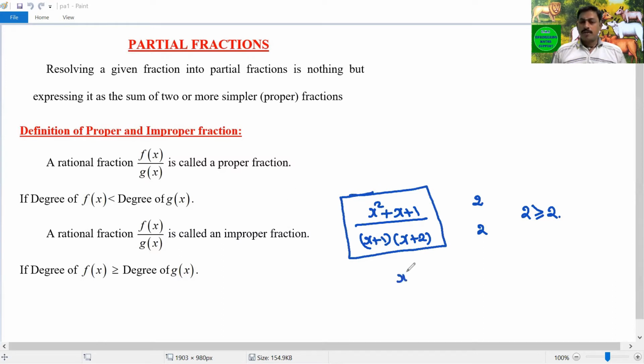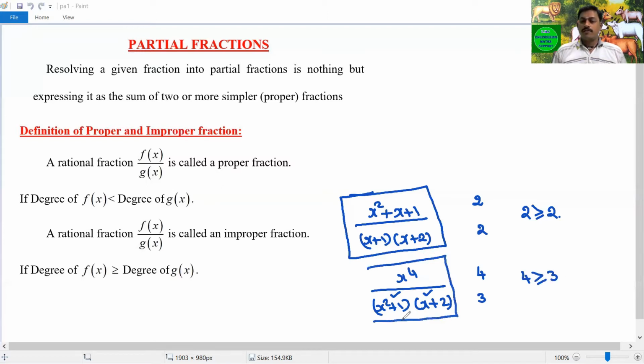Take another example. x power 4 divided by x square plus 1 into x plus 2. The numerator degree is 4. The denominator degree is 2 plus 1, so totally the degree is 3. Now the numerator degree is greater than or equal to the denominator degree, so this fraction is called an improper fraction.